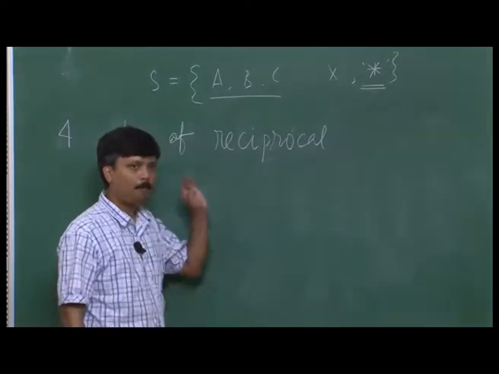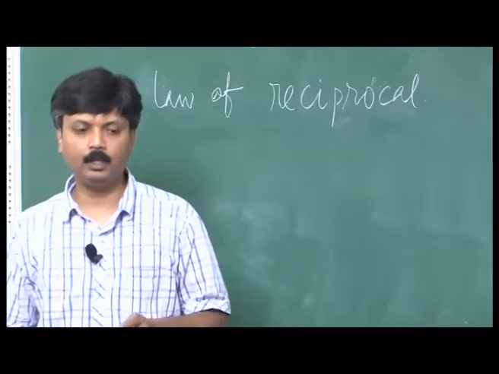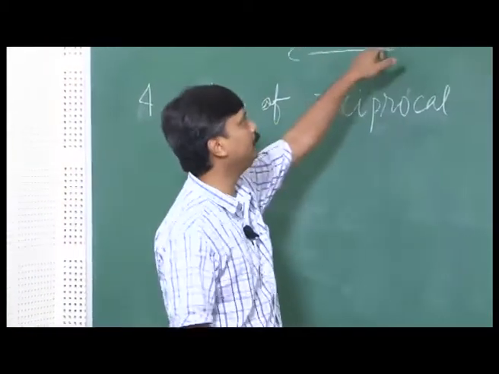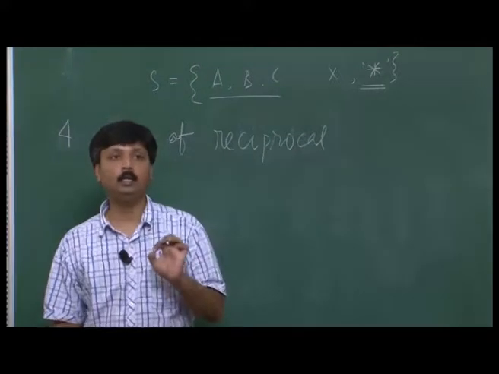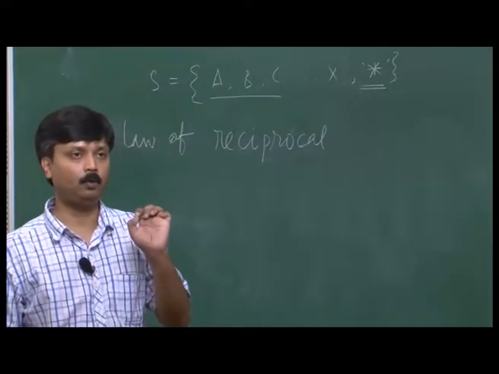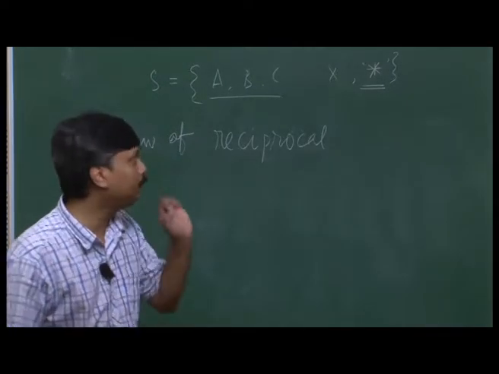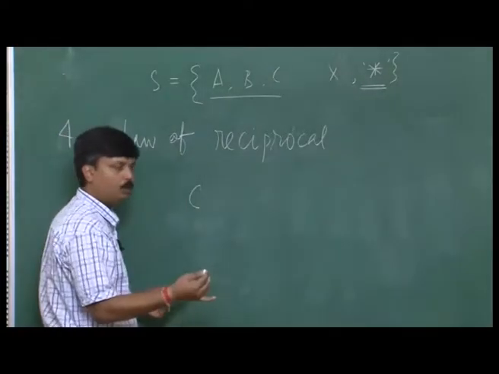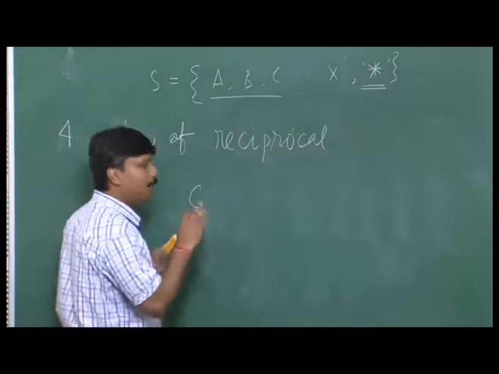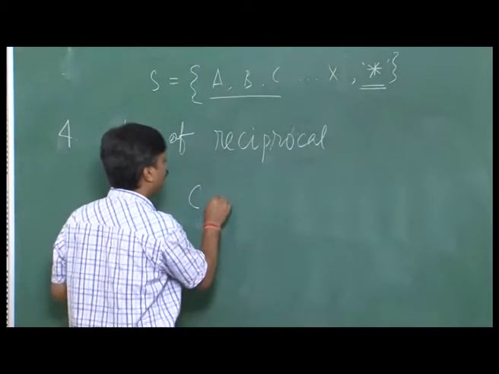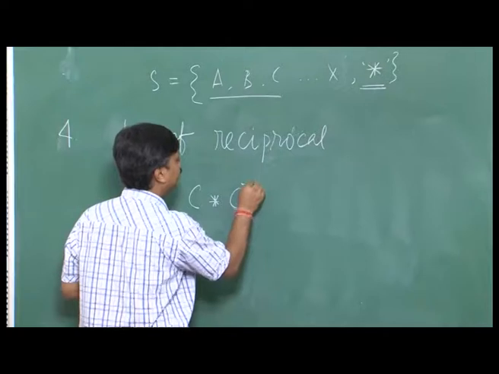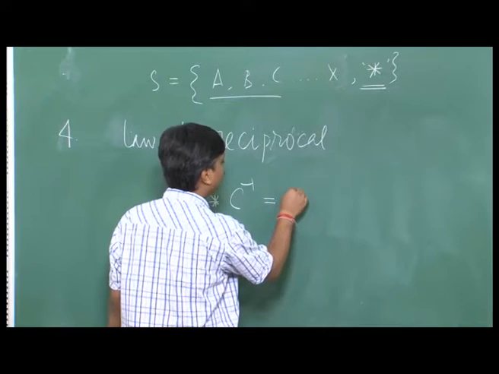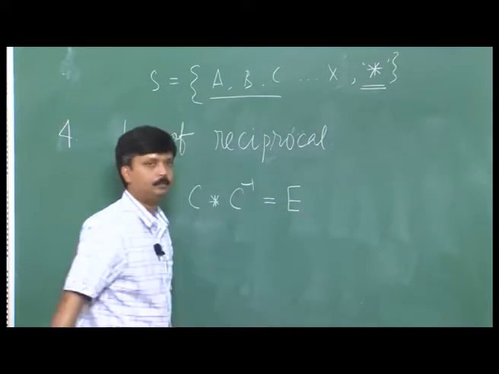It says that for this particular set, if I choose any one element arbitrarily, say c, then there must be a unique reciprocal or inverse for this particular element. So I choose c, c belongs to S, then there must be some element which will be the reciprocal of C, which is written as C inverse, such that this combination will give me identity.